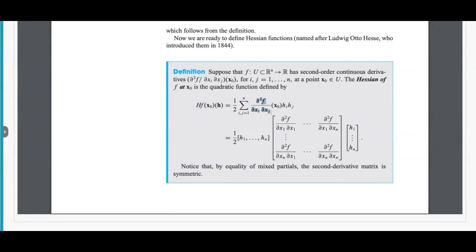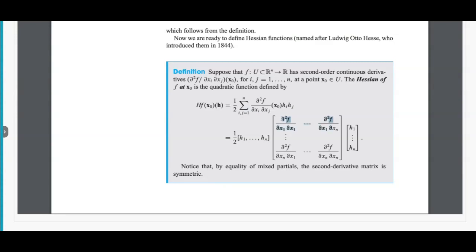Remember, the second derivative we divide by 2 factorial, so that's why we get this half. We have the linear approximation and the quadratic approximation. So the Hessian is the sum of all the second derivative approximation.